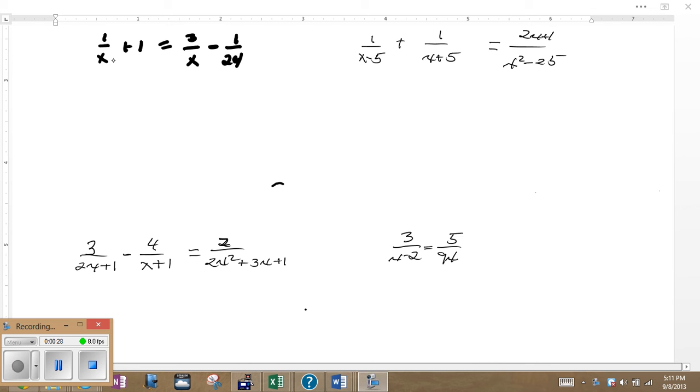Therefore, x could never be zero in this equation, because zero as a value of x would cause an undefined condition here, here, and here. So before we get started in solving, we state x cannot equal 0.